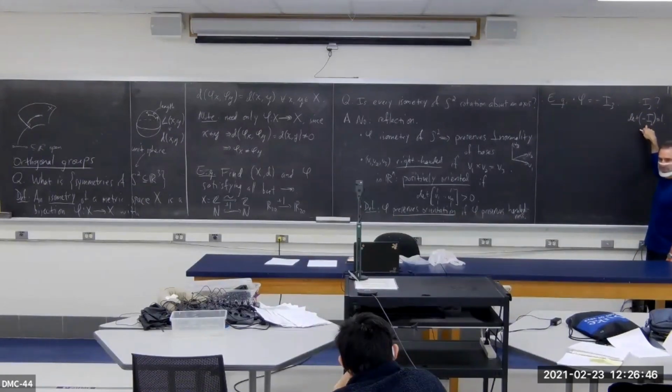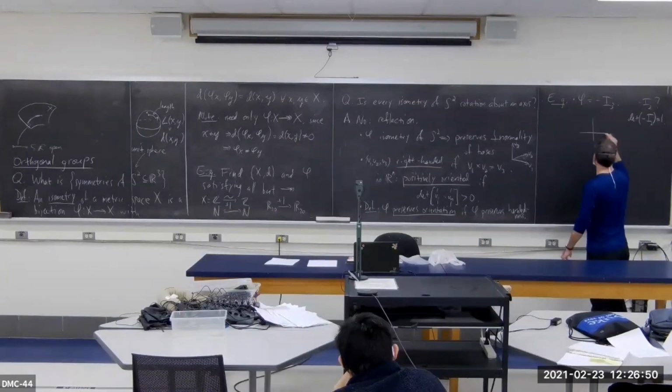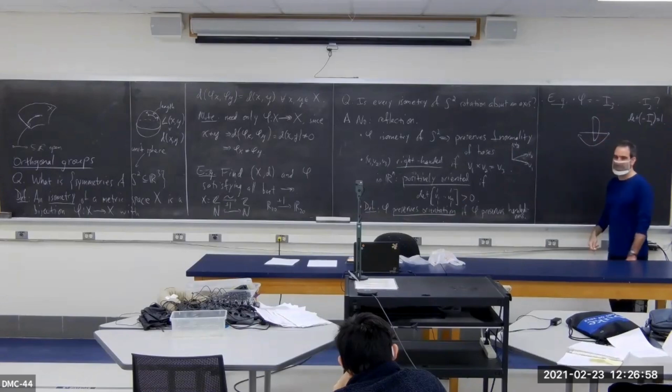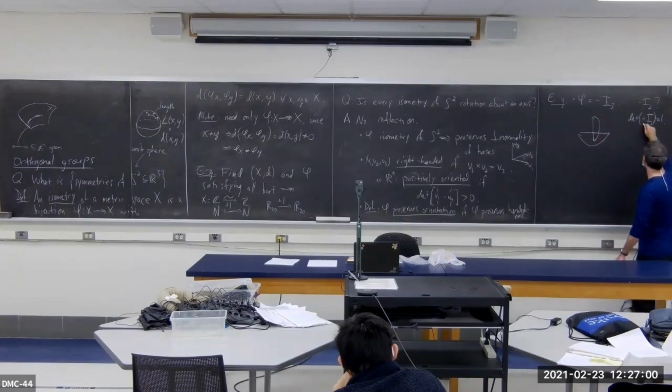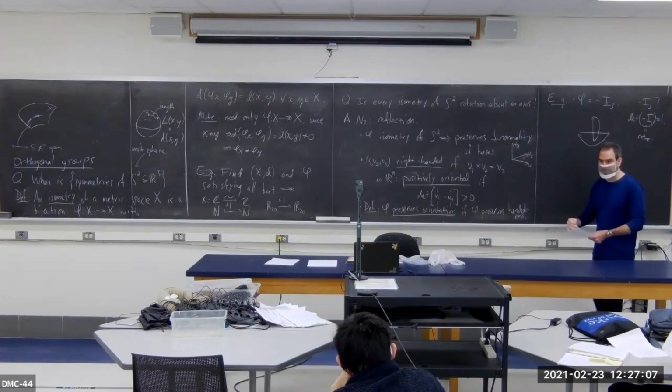That means minus I2 preserves orientation. What is minus I2? It takes this vector to there, and this vector to there, so it's just rotation by pi, which is orientation preserving.